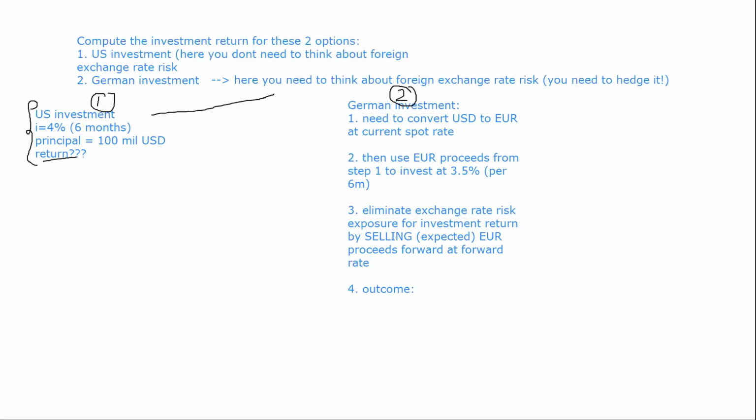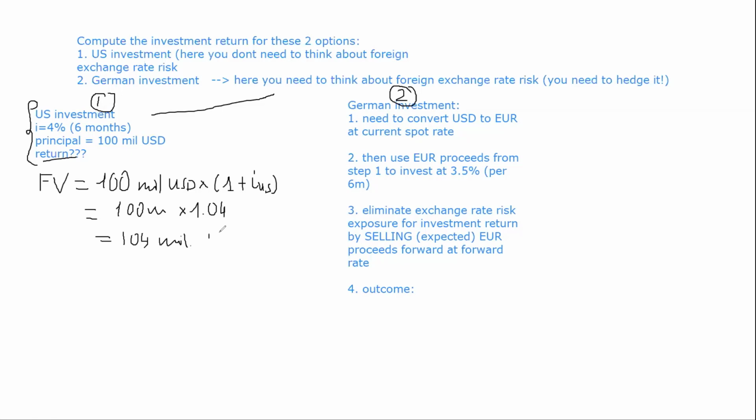Yep, I've got an answer in the chat box. 104 million, yes, spot on, okay. So here I'm just doing a future value calculation, right? I'm just going to take the principal, which is 100 million USD, and multiply it by 1 plus I. In this case, it will be 100 mil times 1.04, and that will be 104 million USD.